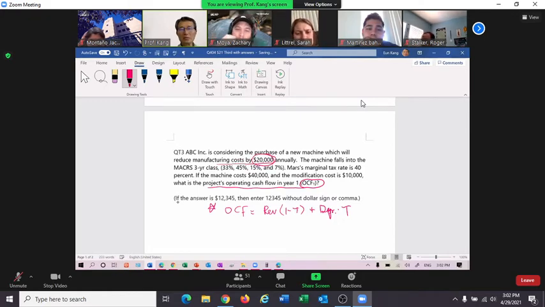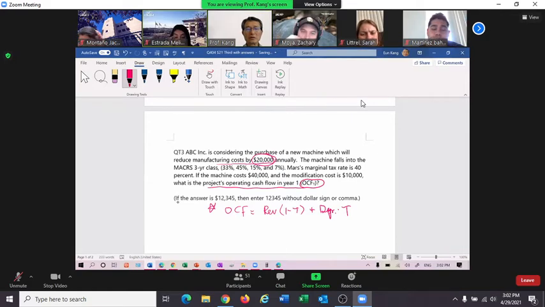That is revenue, I told you that, right? Saving is like making money, revenue. So 20,000 is revenue. And 1 minus T, marginal tax rate 40%, 1 minus 0.4.